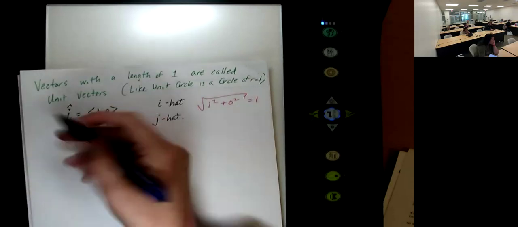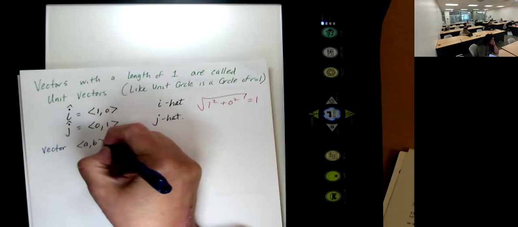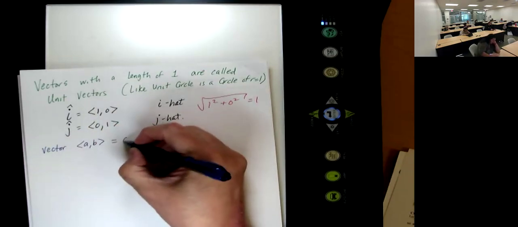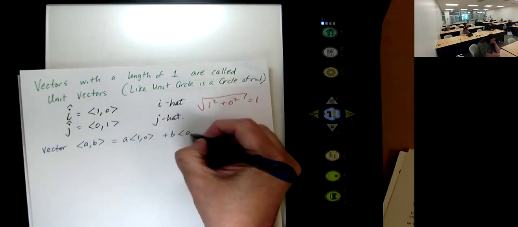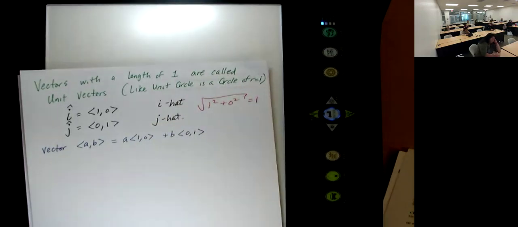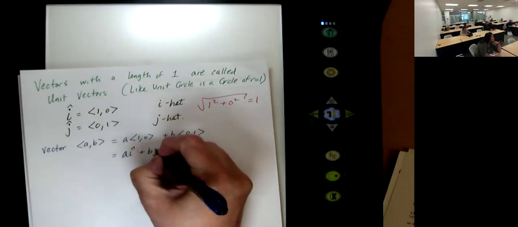This means any vector a, b can be written as a times 1, 0 plus b times 0, 1, which is a times i hat plus b times j hat.